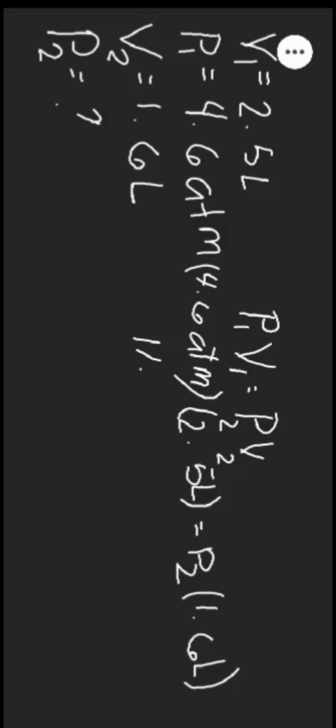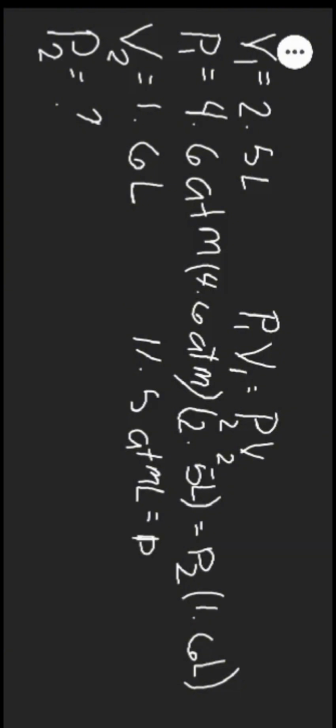So 4.6 times 2.5 is 11.5 atm liters, and that's equal to 1.6 times P sub 2.